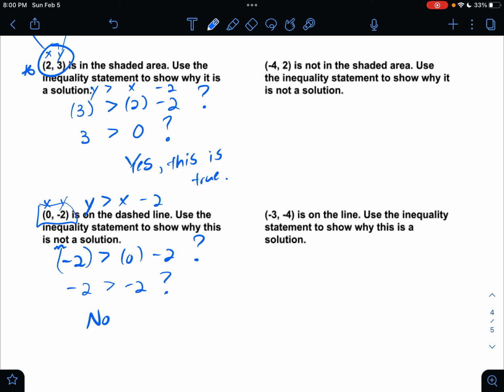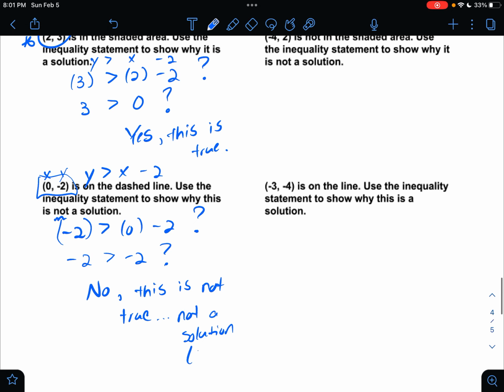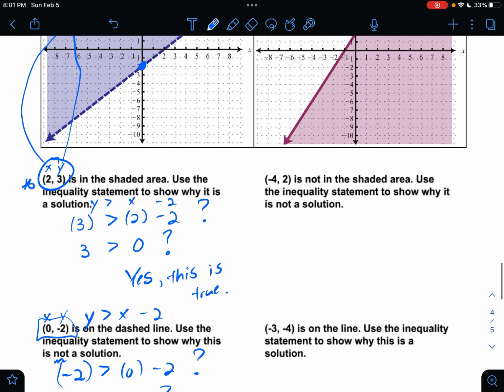No, it's equal. Negative 2 is equal to negative 2, so no. So this is not true. So not a solution. All right, so (0, negative 2) is not a solution because it doesn't make the inequality true.